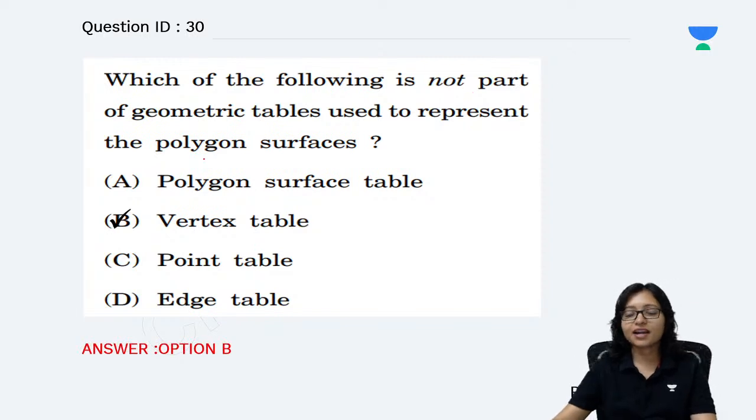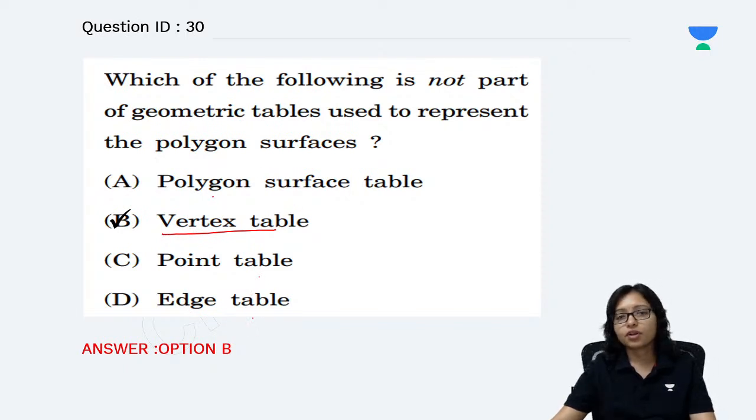The answer is vertex table. Yes, vertex table; point table is there, edge table is there, and polygon surface table is there. Vertex table will be the answer.